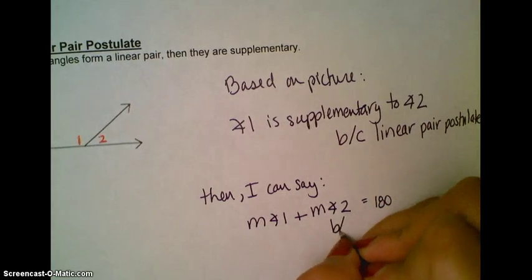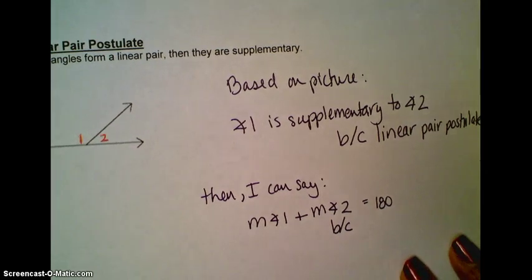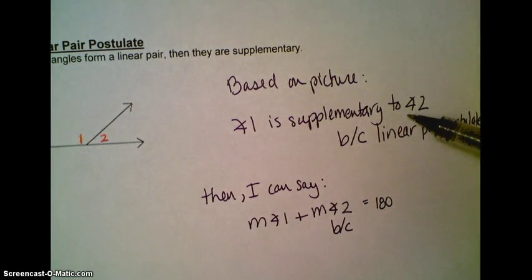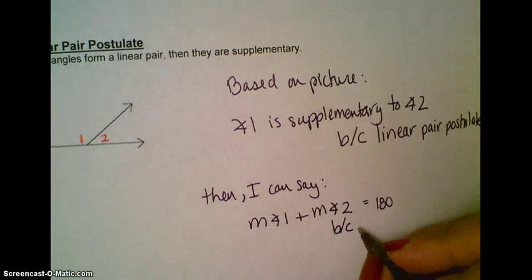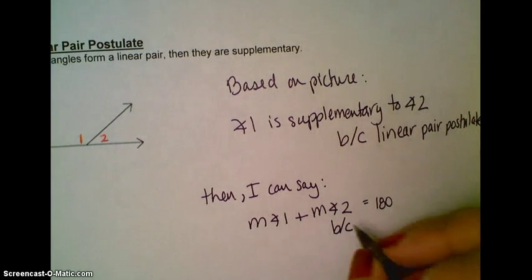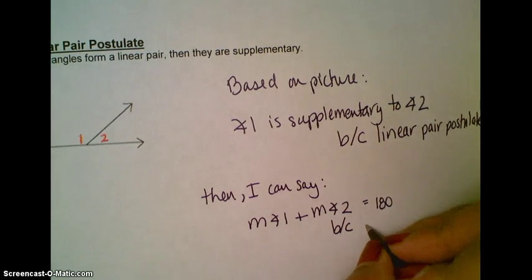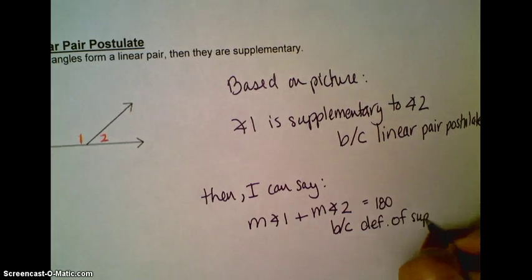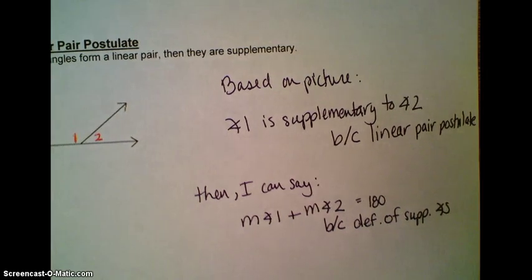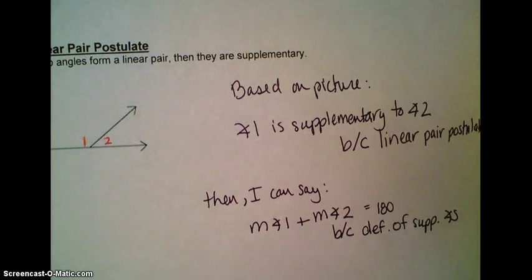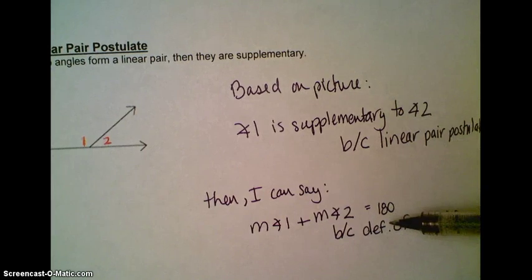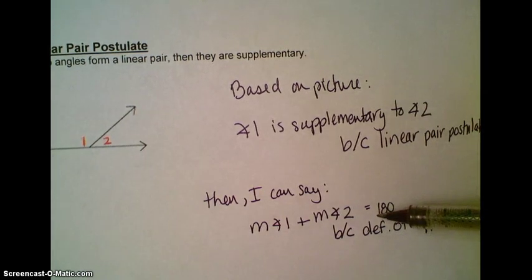And the reason I can say that is because, back on the previous page, I know that being supplementary means you add up to 180. So this is because of the definition of supplementary angles. Okay? So keep those things in mind. You're going to use this particular sequence quite often when you are doing proofs.